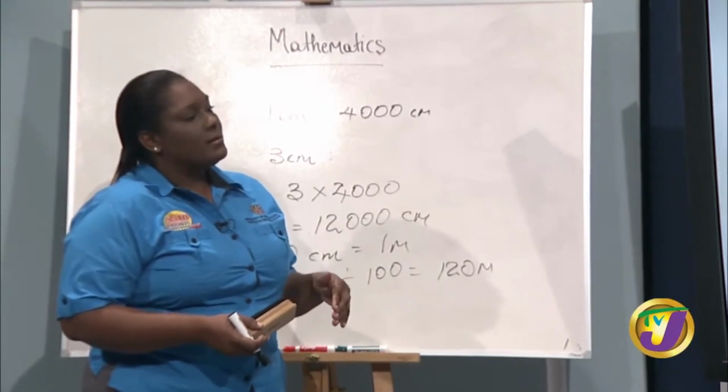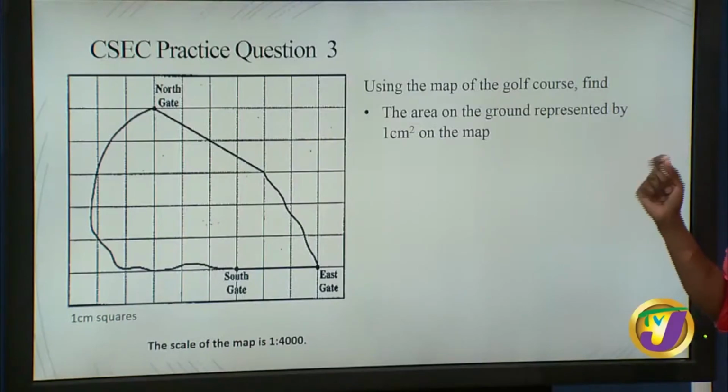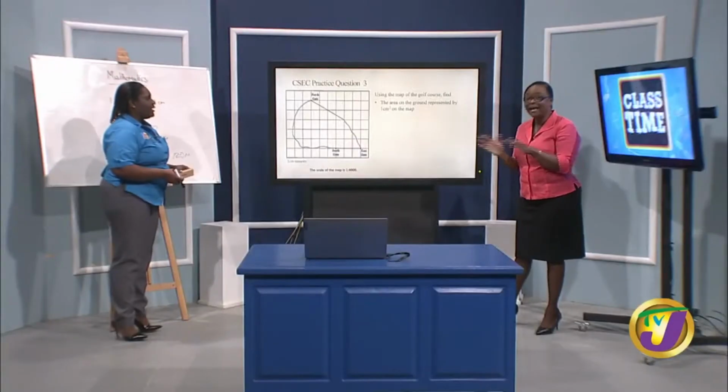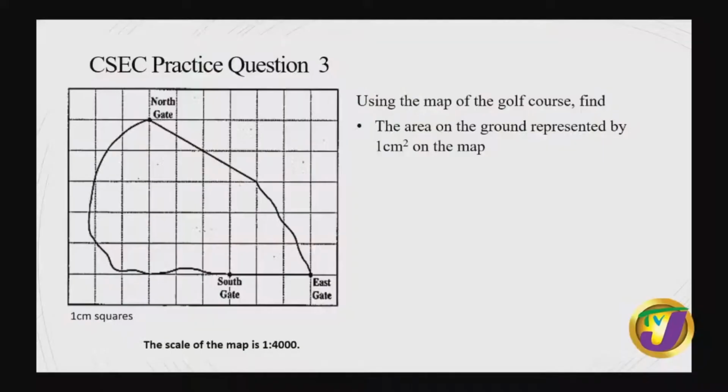But we're not finding the area of all of it. We're finding the area of one of the square centimeters. So we just need to identify one of the squares. We have identified this one right here. And so what they're actually asking is the area on the ground that this shaded region would represent on the map.